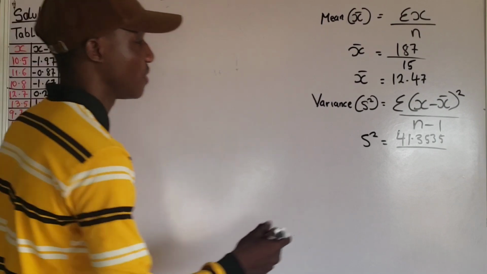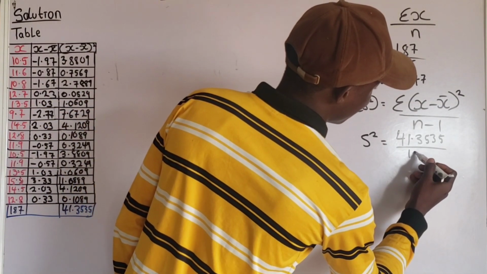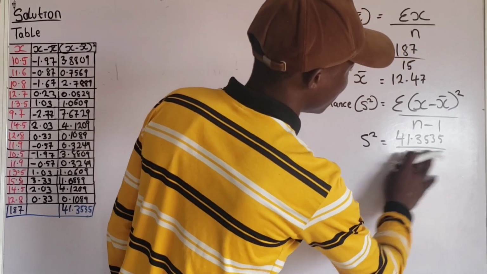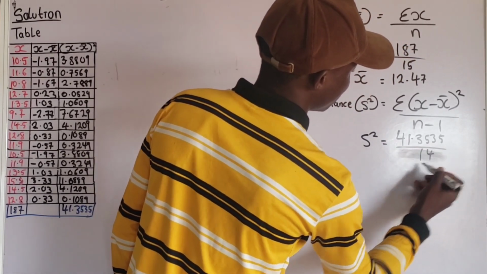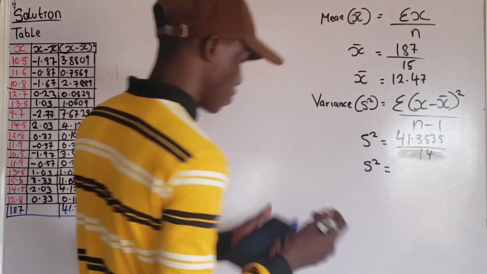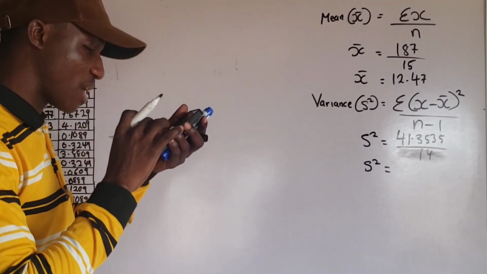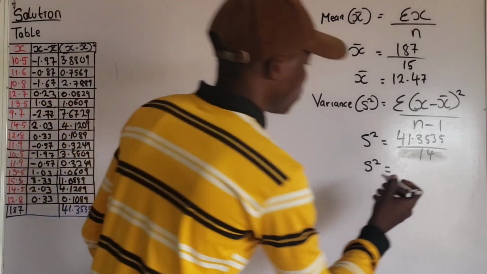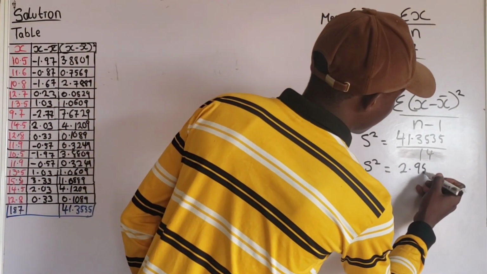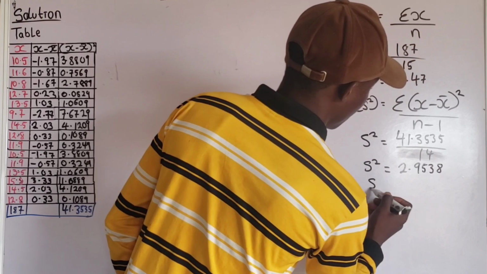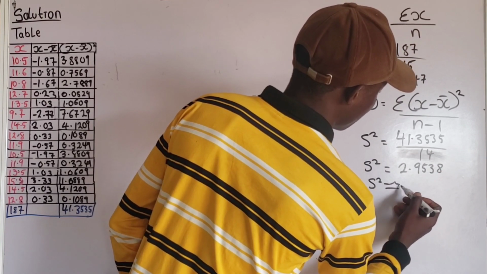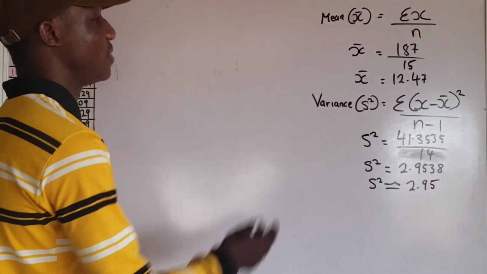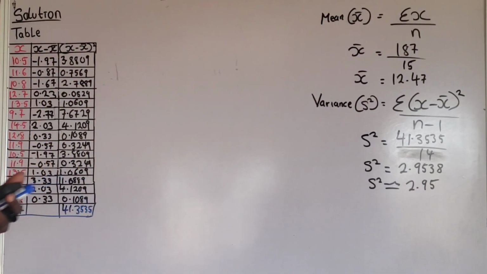So that is 15 minus 1, which is 14. So the variance is equal to 41.3535 divided by 14. That is 2.9538. If you want to approximate to 2 decimal places, I'm going to have 2.95. So that is the variance of the body weight of the goat.